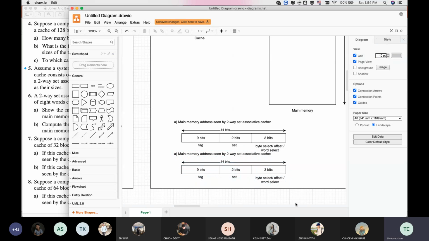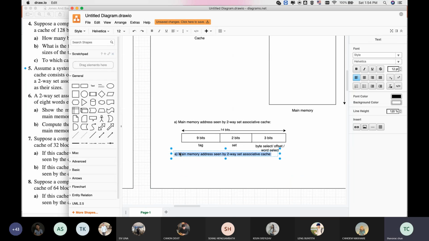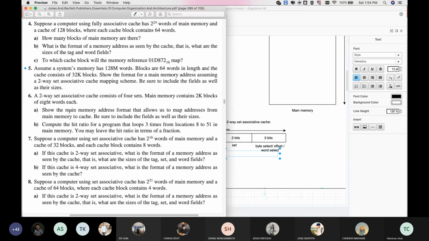So the CPU accesses, looping 3 times from location 8 to 51.